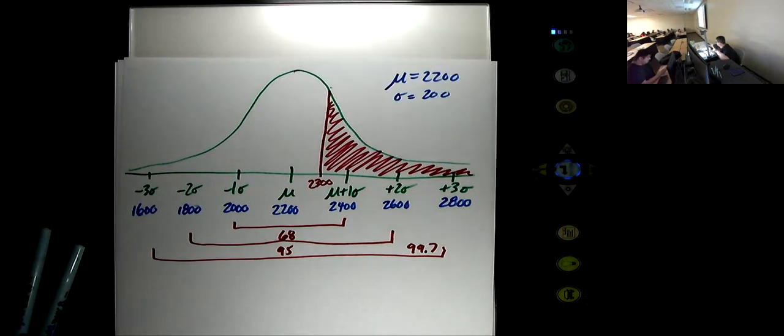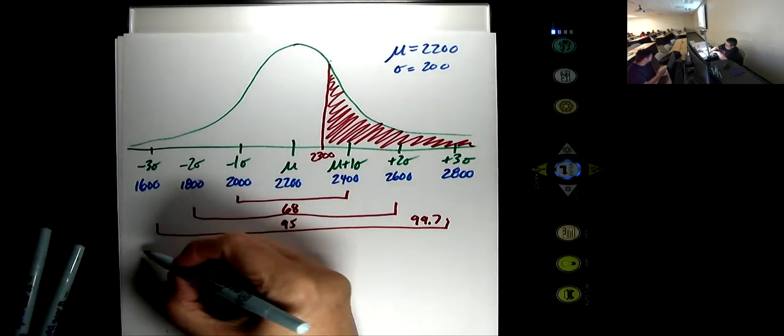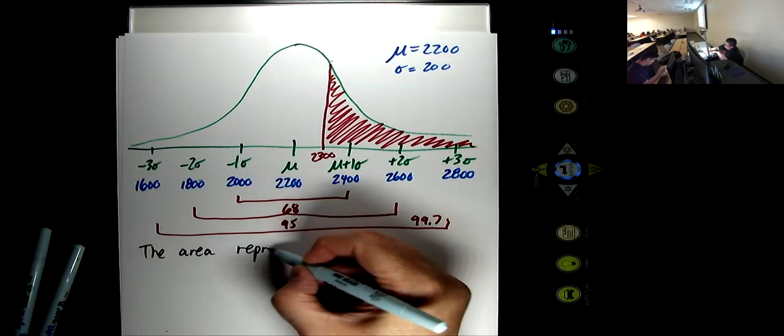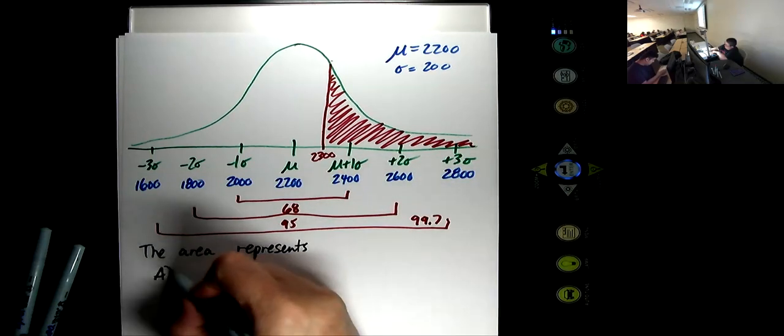And they ask, what does this mean? So the area represents, A, there's two outcomes.